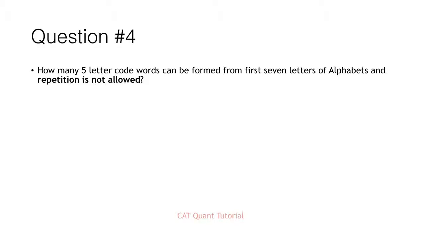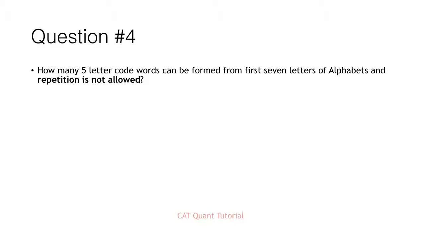The first thing to understand is that I need to form 5-letter words from the first 7 letters of the alphabet, that is A, B, C, D, E, F, and G. Another important thing to note is that repetition is not allowed, which means we cannot have words with 2 A's, 3 A's, or all A's.